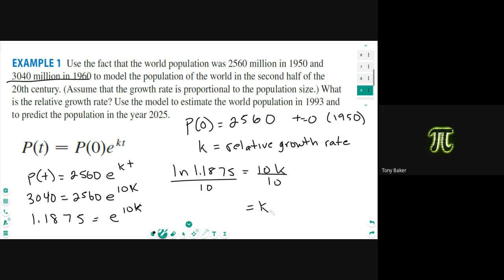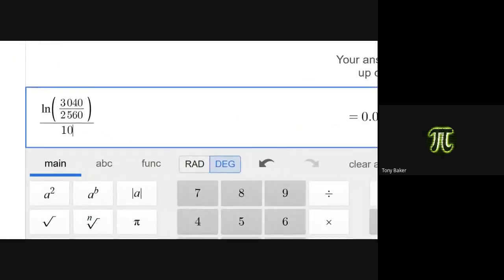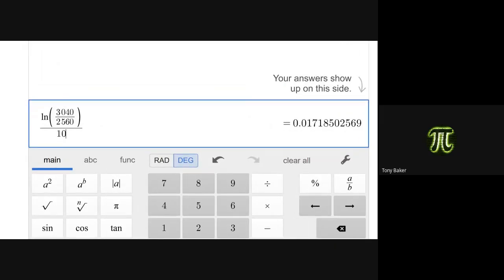Now, when you're typing this into Desmos, and I would totally suggest using Desmos for this, don't estimate as you're going through.